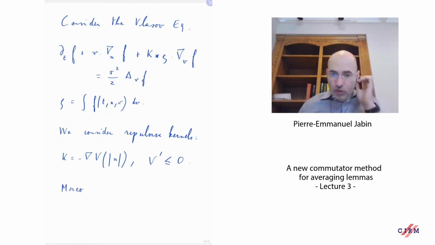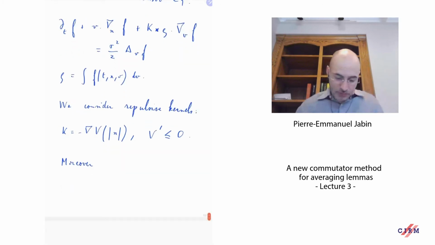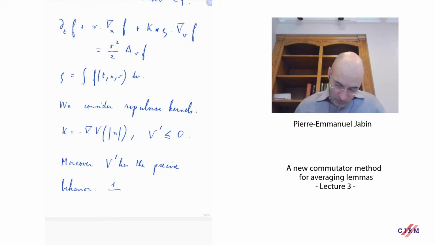Now that is not strictly necessary, but again, to fix the ideas here, I'm going to assume that V has a very precise behavior, which is V prime, which is polynomial in X.